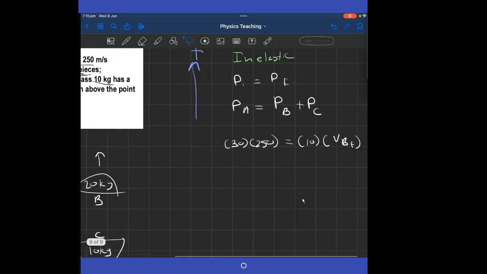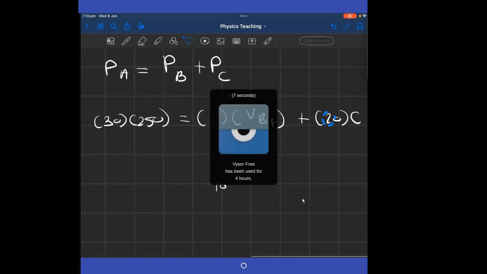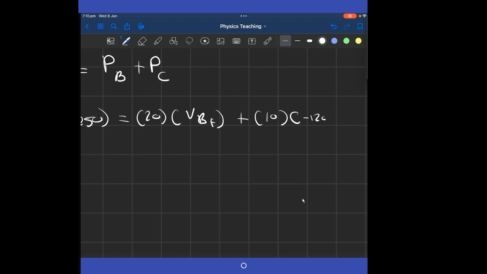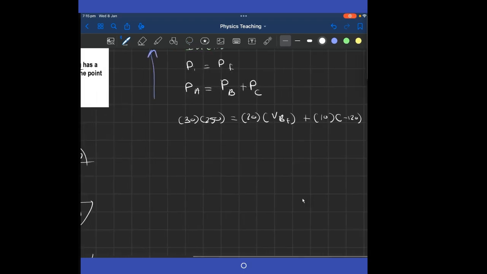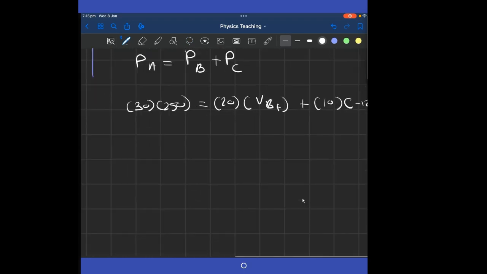The one going down is 10, the one we don't know is 20, and this is going at minus 120 meters per second. Alright, now we're going to solve this question.